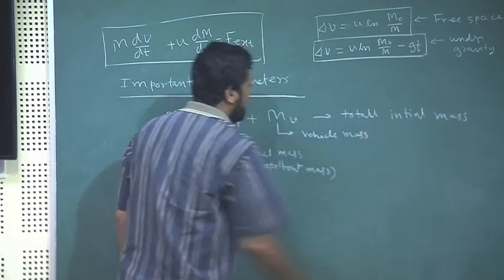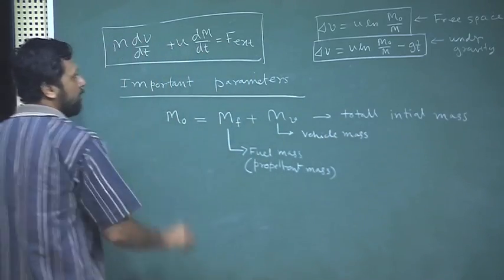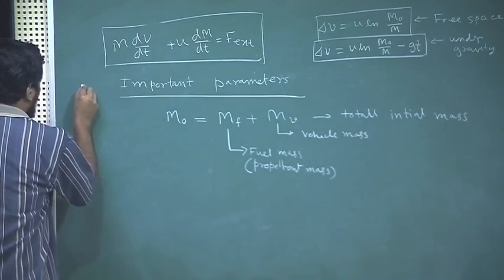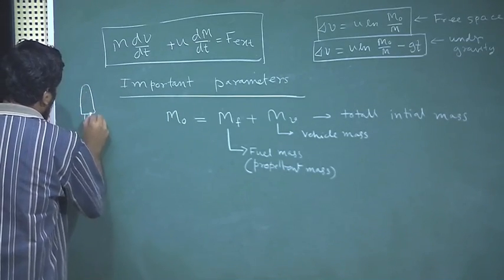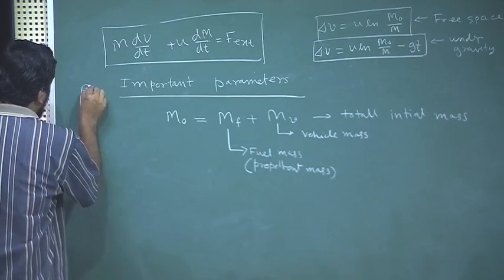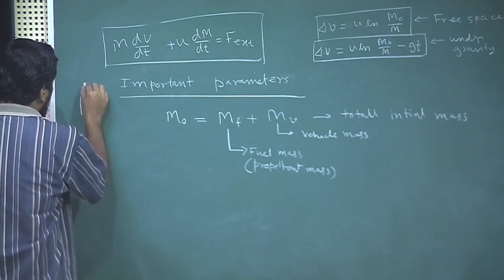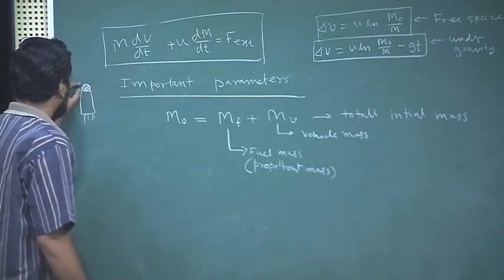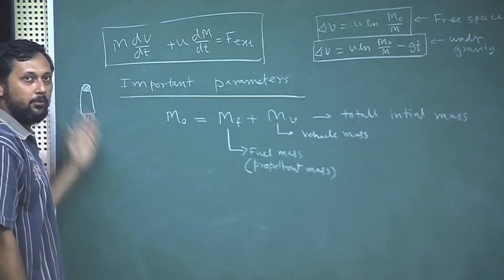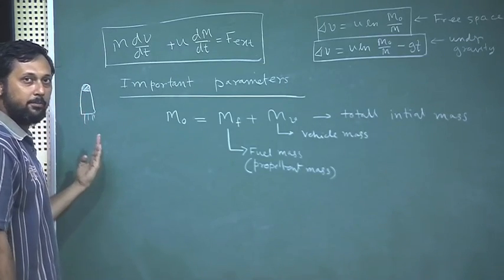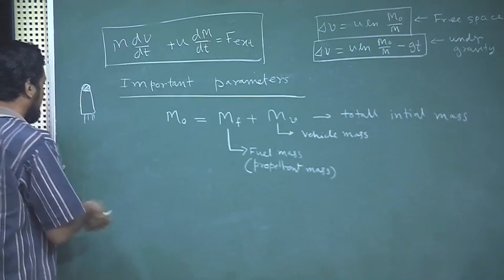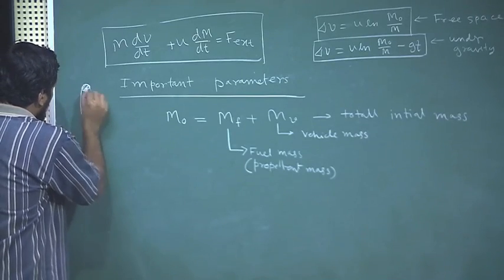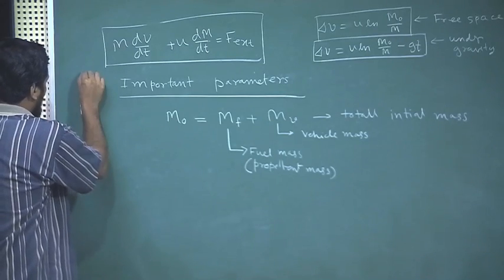In a rocket which is shooting upwards, we typically have only a small portion of its total mass which is, for example, a satellite, a missile, or a camera, whatever it is carrying into outer space. This is called the payload.